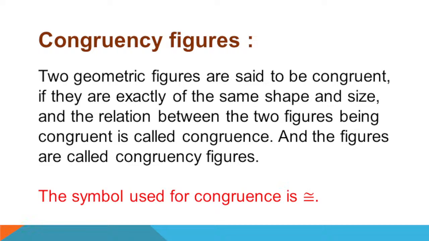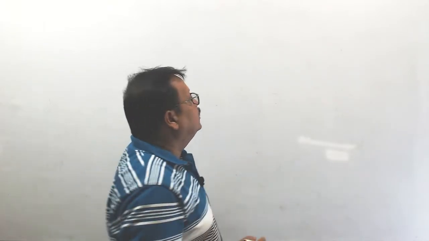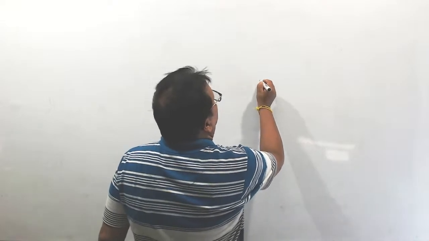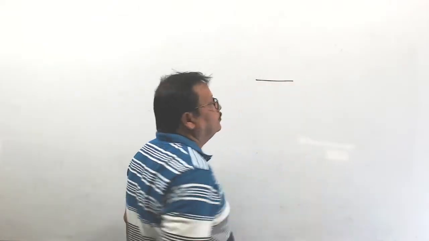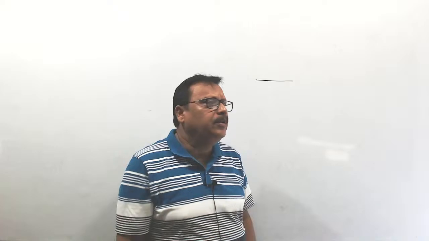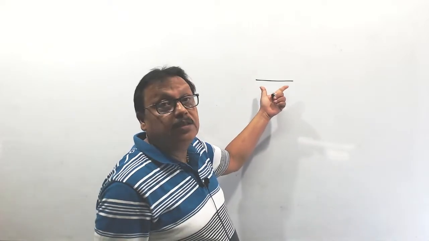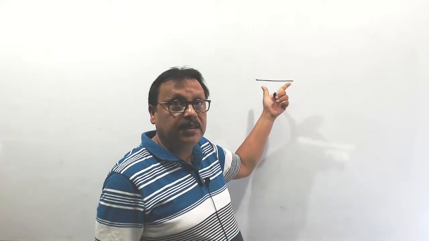The symbol used for congruency is given by this. Actually, what is this? See, first of all, a line segment. Just giving one example. It is not a line. A portion of a line is called a line segment.